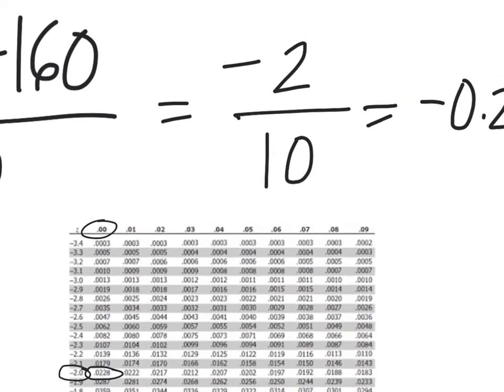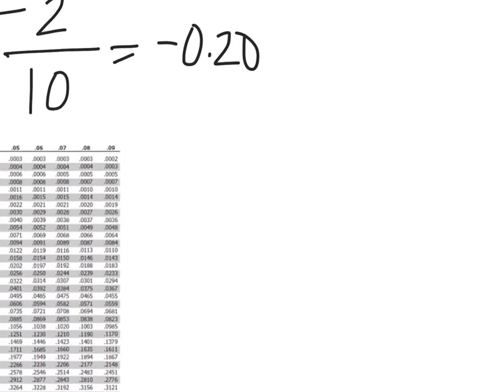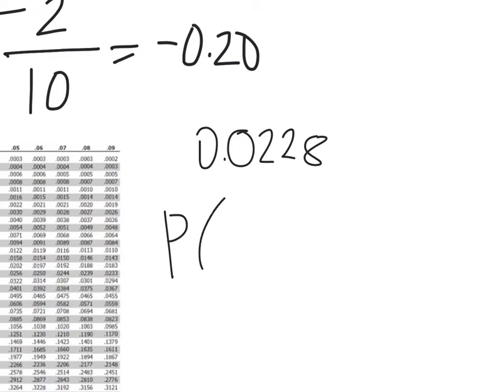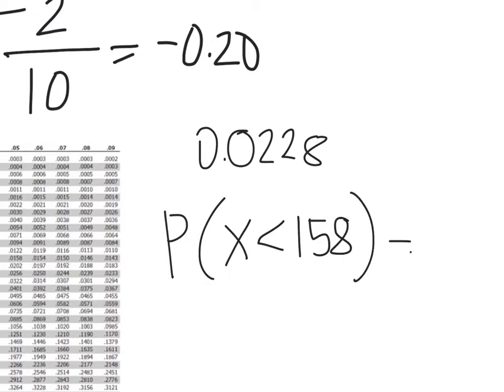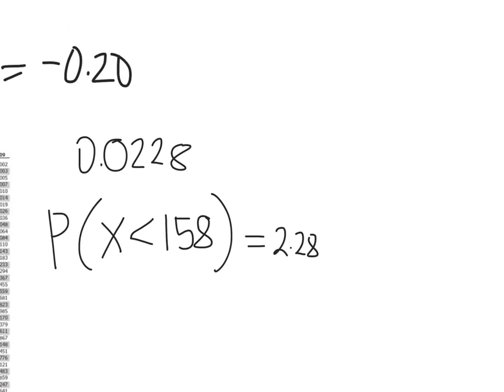0.0228. So the probability that the height of the randomly selected student is less than 158 is equal to 2.28%, or 0.0228.